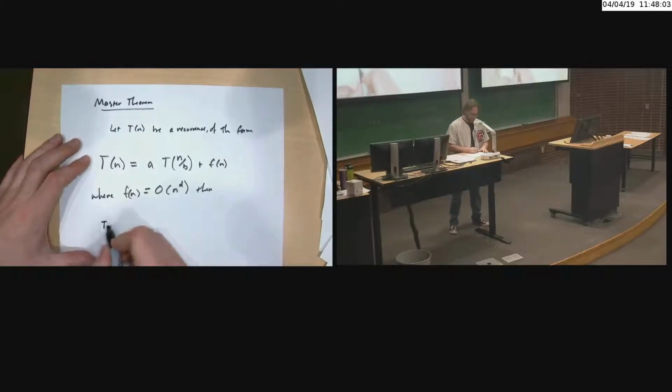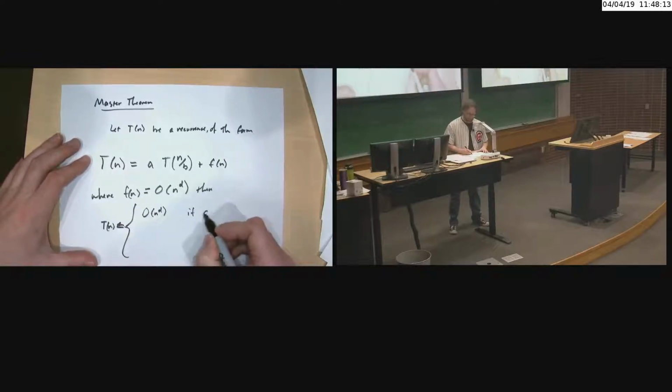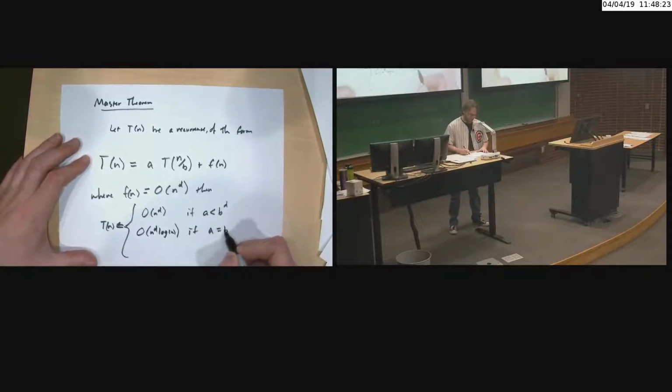Then t sub n can be characterized asymptotically as one of 3 cases. It's going to be order n to the d if a is strictly less than b to the d. It's going to be order n to the d log n if a is equal to b to the d.